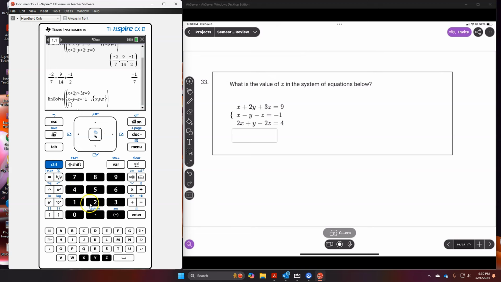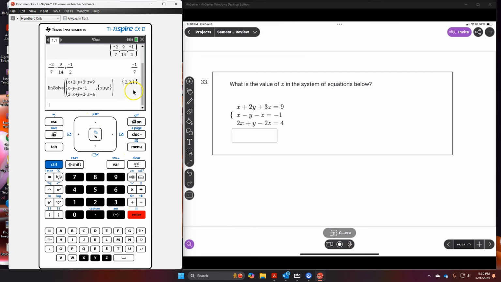And then the last one, we have 2x plus y minus 2z equals 4. So we have x plus 2y plus 3z equals 9. We have x minus y minus z equals negative 1. We have 2x plus y minus 2z equals 4.